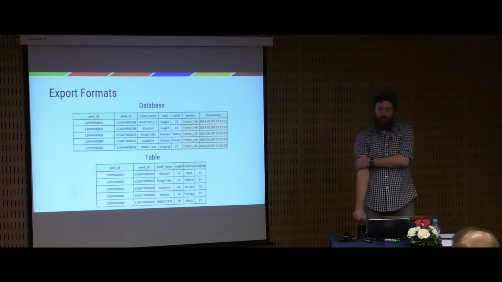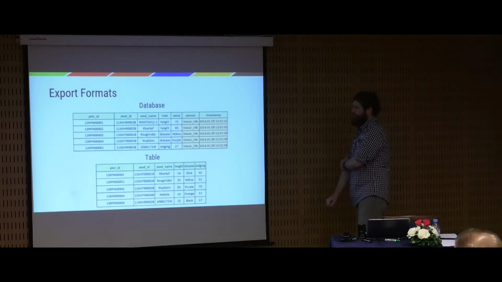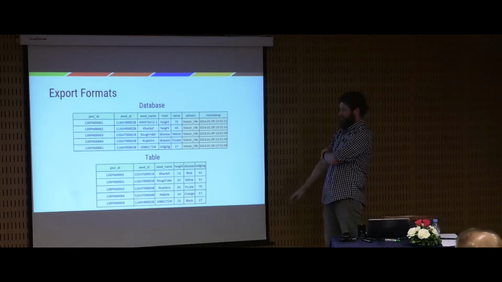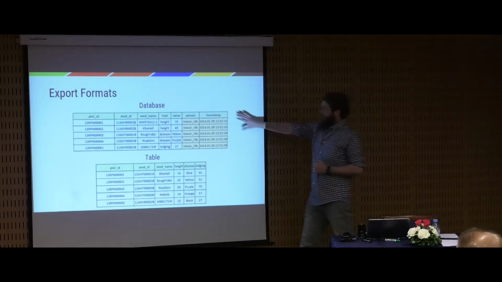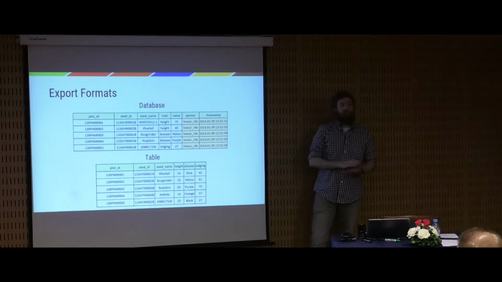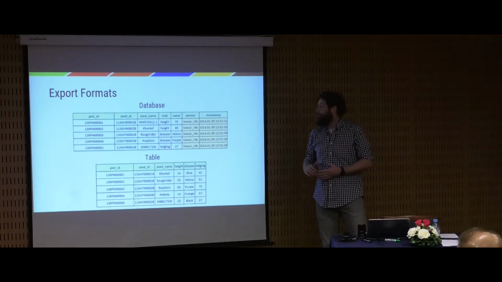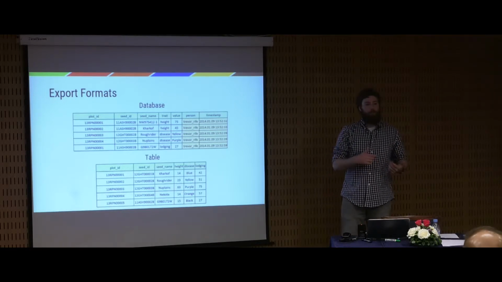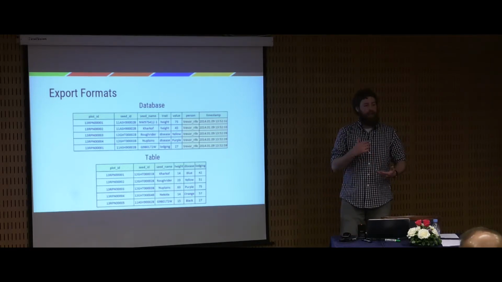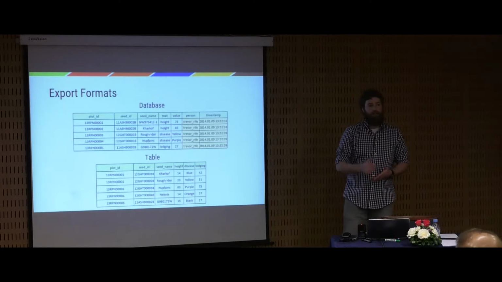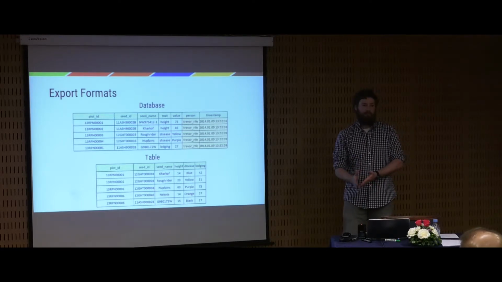So for our export formats, we have two, and they differ just a little bit. We have a database export, and in this case, every single row is an observation that was collected. What this lets us do is also display and collect some metadata about what was being collected.